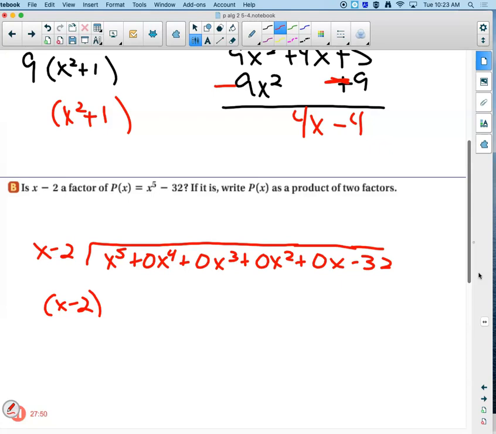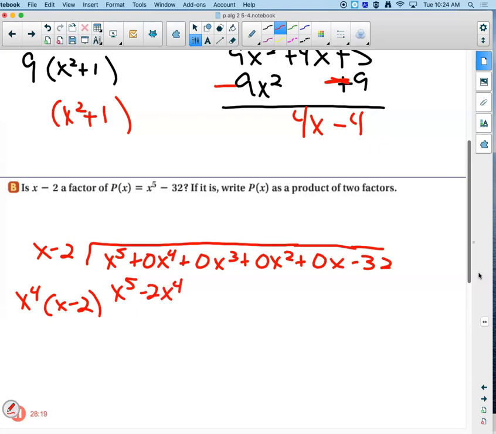All right, can you get me started? I have x minus 2. I need x to the 5th. What's it going to need? X to the 4th. Exactly. So we're going to get x to the 5th, but we're also going to get, and here's why the zeros were important, negative 2x to the 4th.